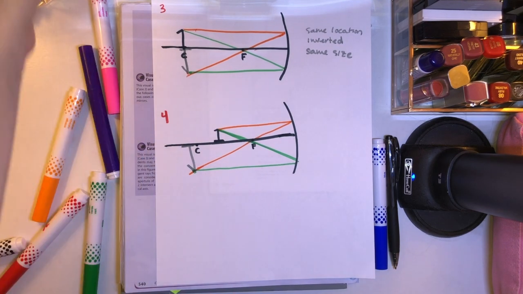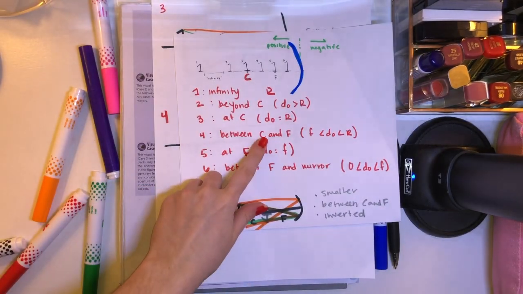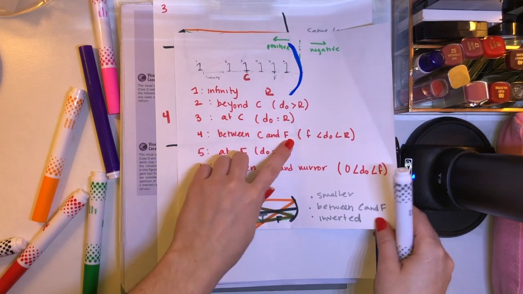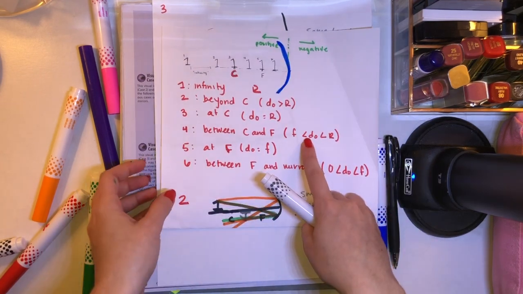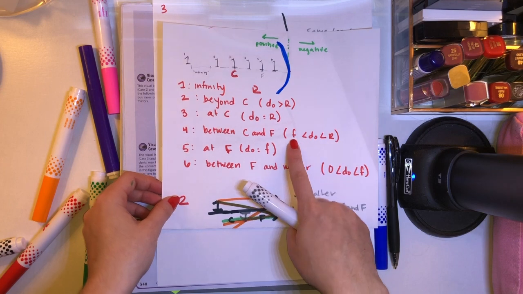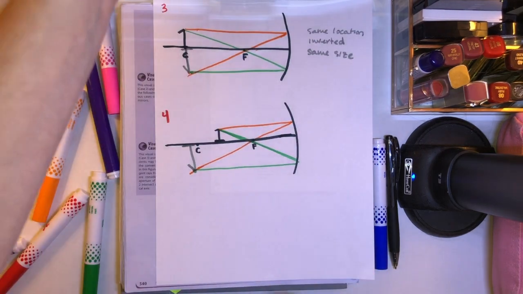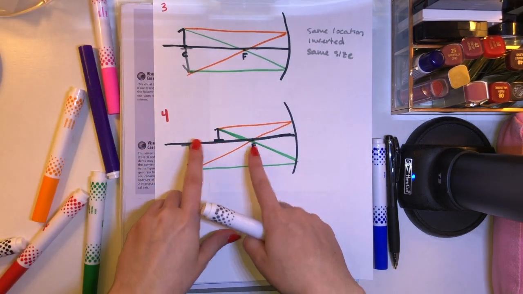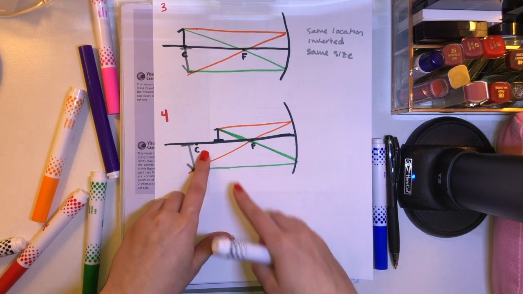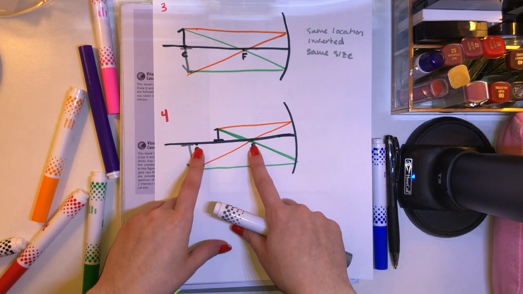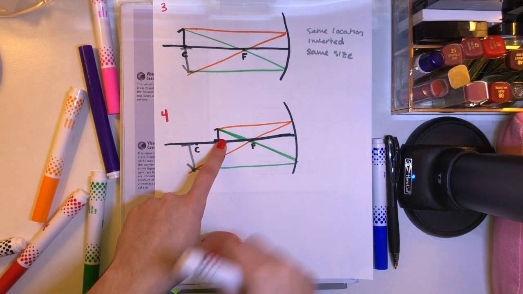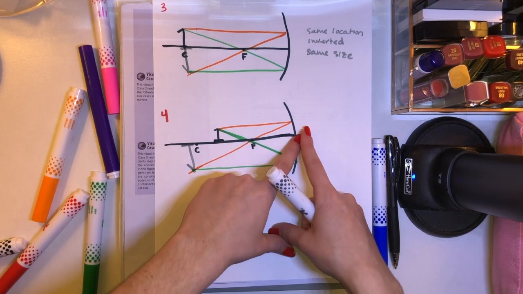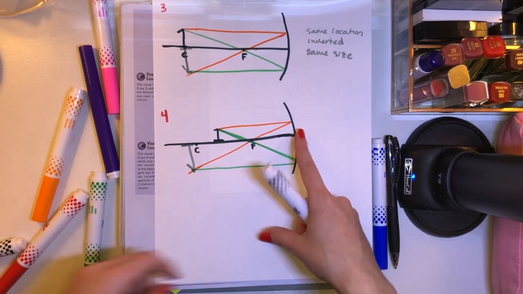Okay, so in the fourth case, where you have the object located somewhere between C and F, meaning the distance is between the focal point and the radius. So our object is located somewhere between the center of curvature and the focal point. So that distance, we say, would be between the radius and the focal length.